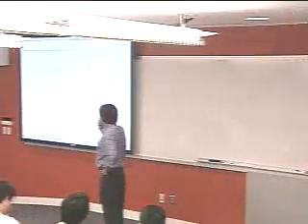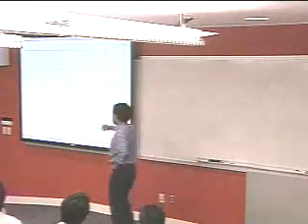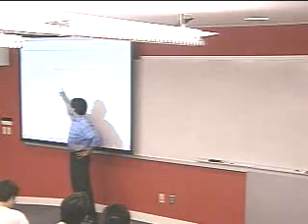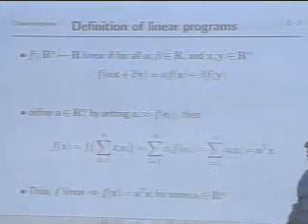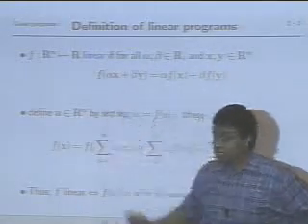So we'll call a function from Rn to R a linear function if it satisfies this property. If you take some weighted combination of the vectors x and y, where x and y are given vectors in Rn, and alpha and beta are real numbers, then on the left-hand side I'm evaluating this function at the weighted combination.